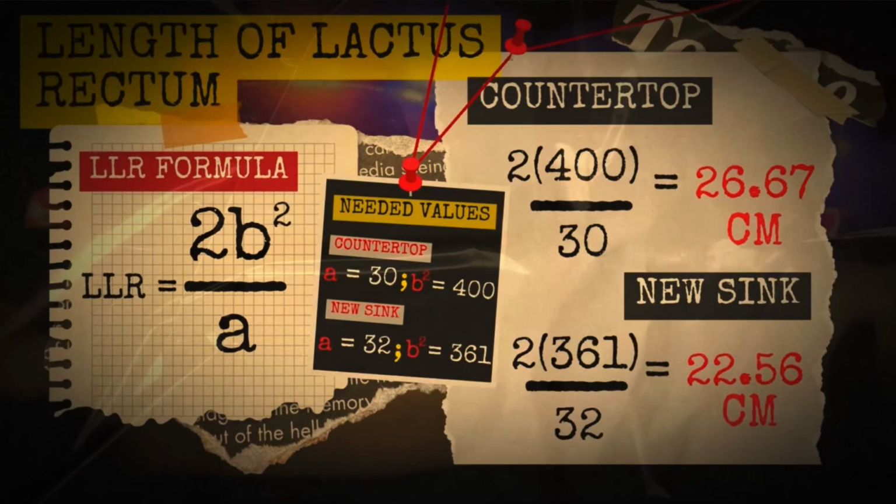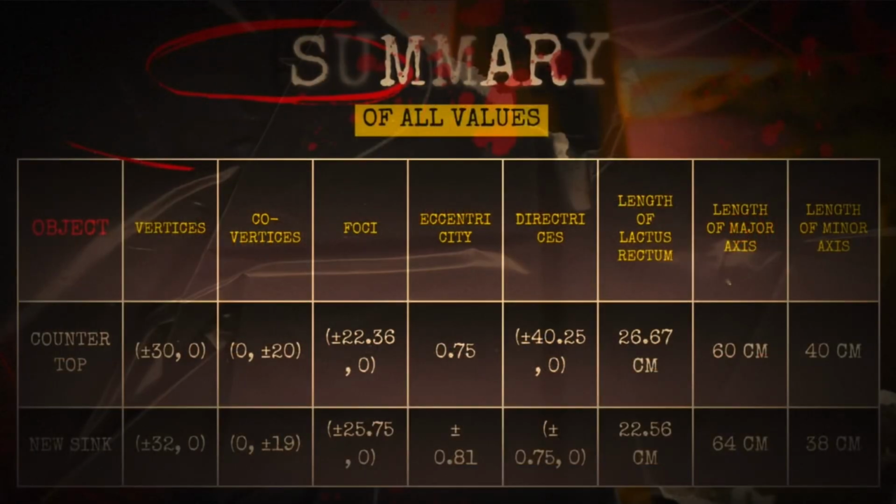The value of our LLR, or latus rectum, in our exhibit B. To summarize, here is a list of all the values or evidences we have discovered so far in our investigation.